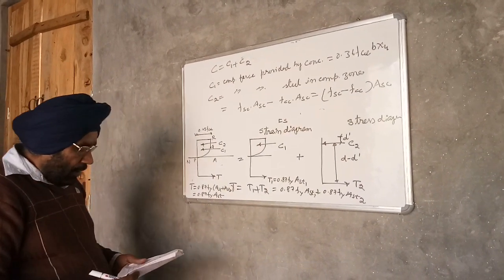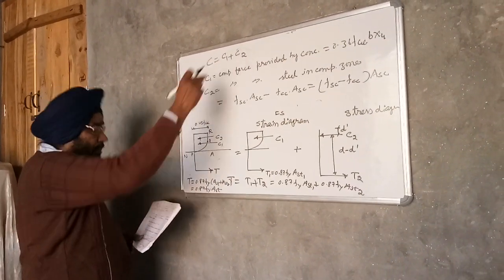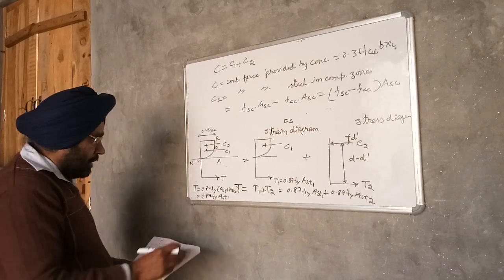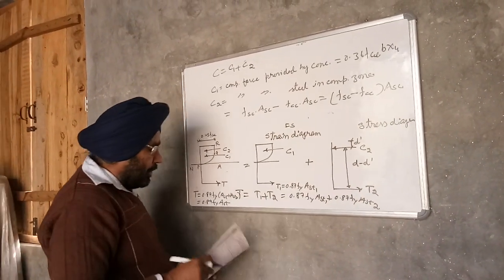So the total compressive force C is equal to C1 plus C2, and the total tensile force T is equal to T1 plus T2.